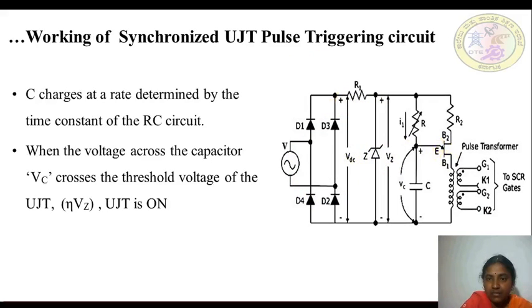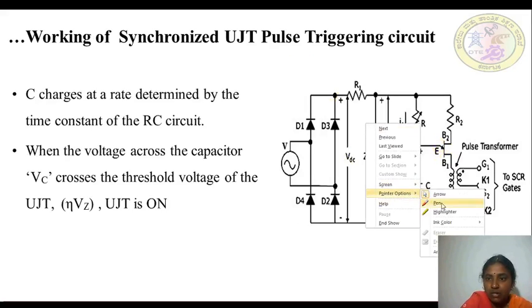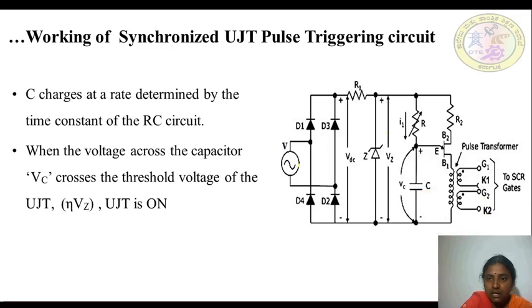Current I1 is the charging current which flows through R and C. So your capacitor is going to charge through this charging current. The voltage across the capacitor is marked as Vc. The charging current depends upon the R value.